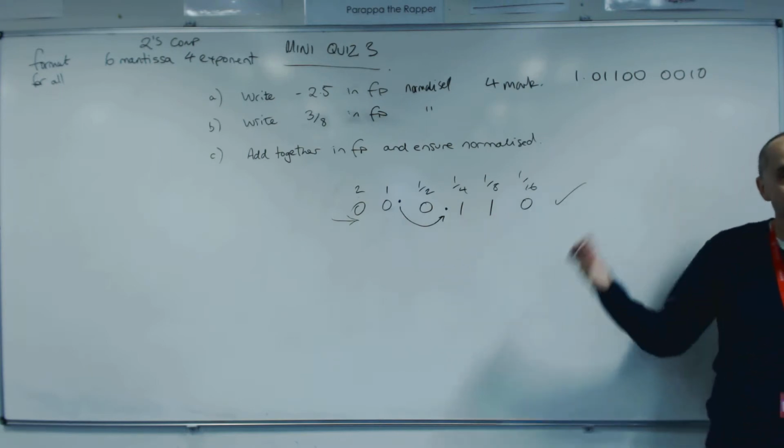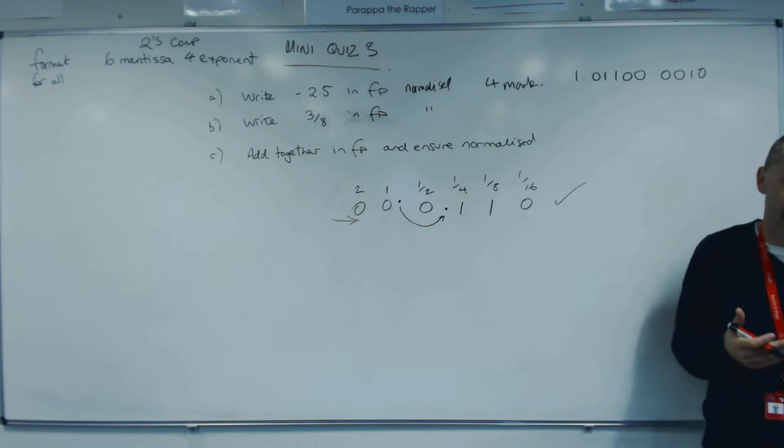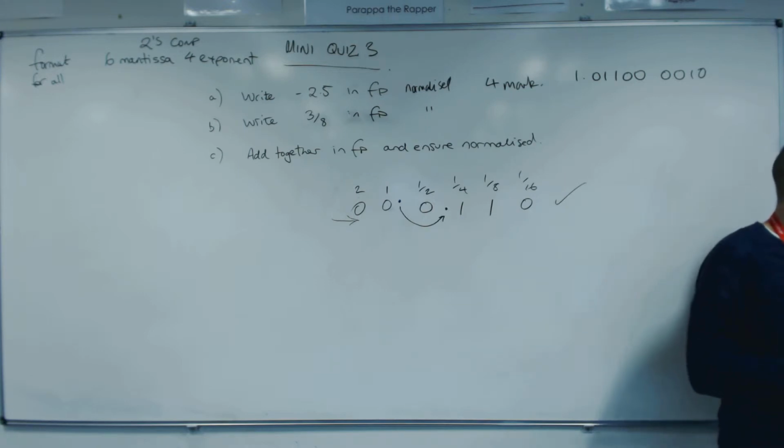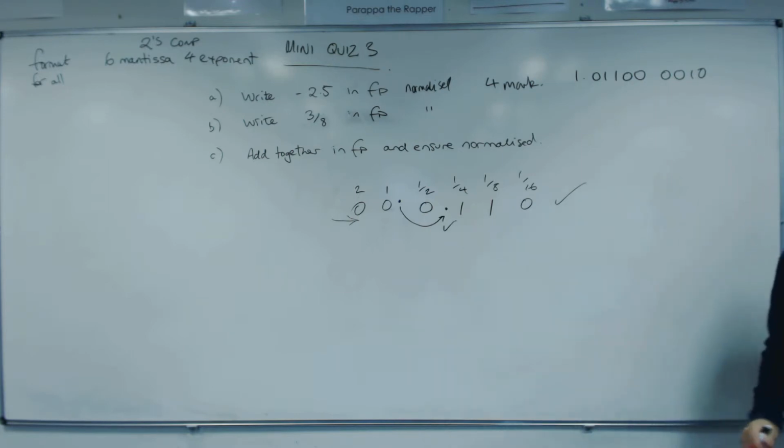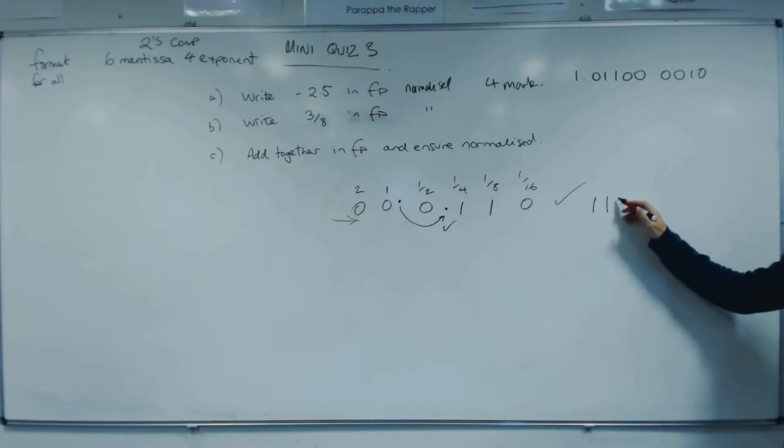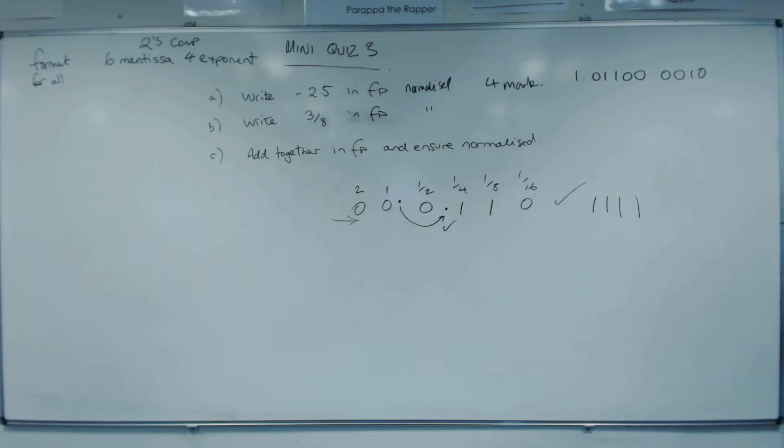So when we take this back, we need to shrink it again, so it must be -1. So you get a mark for moving the binary point the right way by 1 place, and then a mark for writing -1. I expect you to be able to just write -1 in whatever format, because it's all the ones, remember? So 3 marks for that.